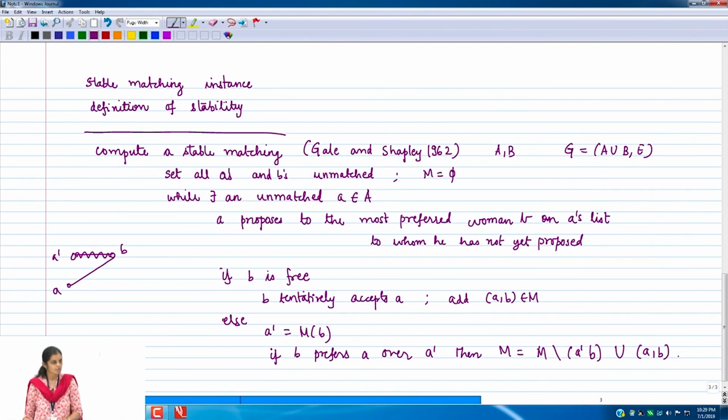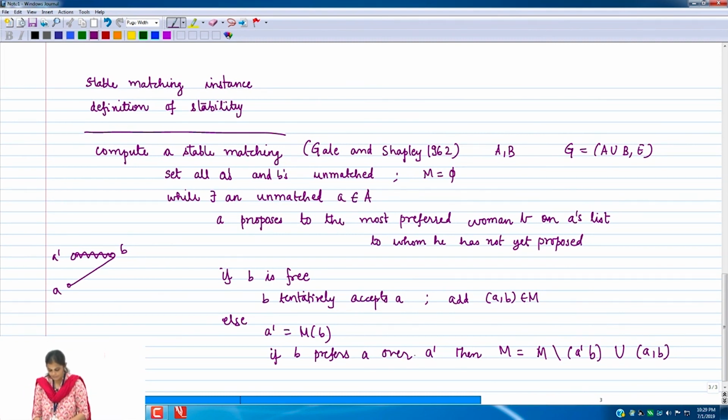That is, it has removed this engagement or matching and added this edge AB to the current matching, and this is depicted by removing A prime B and adding AB. So this is what happens.